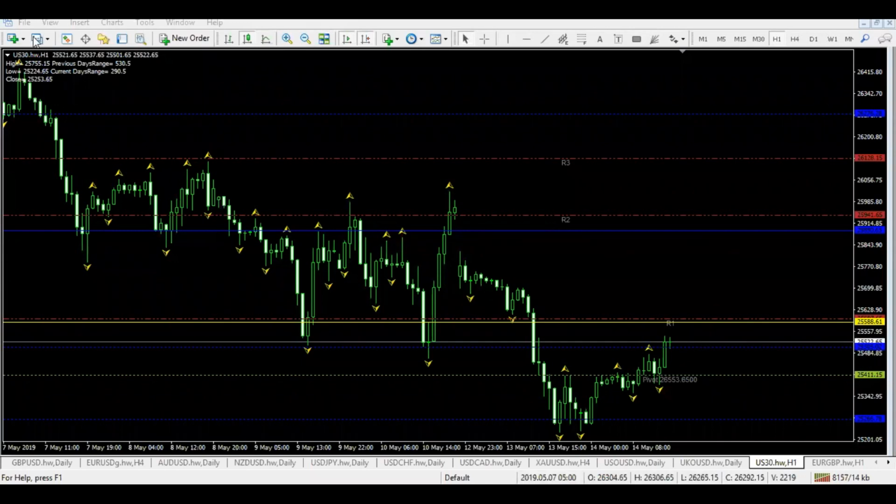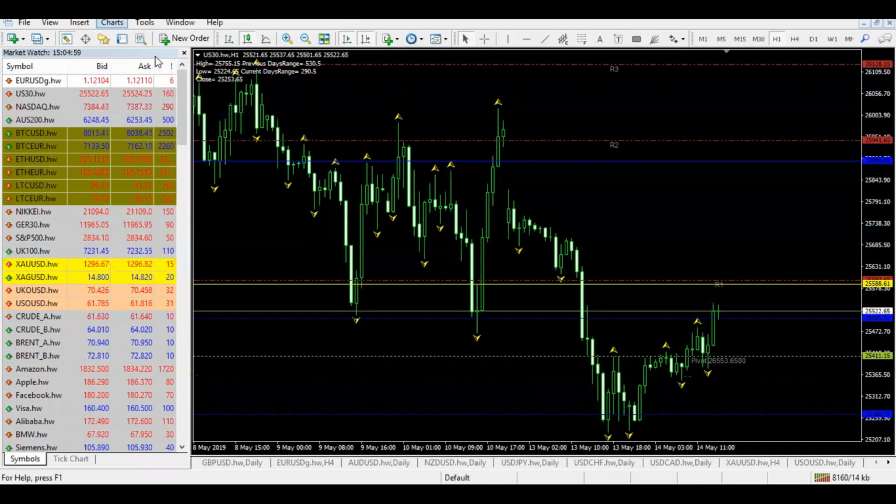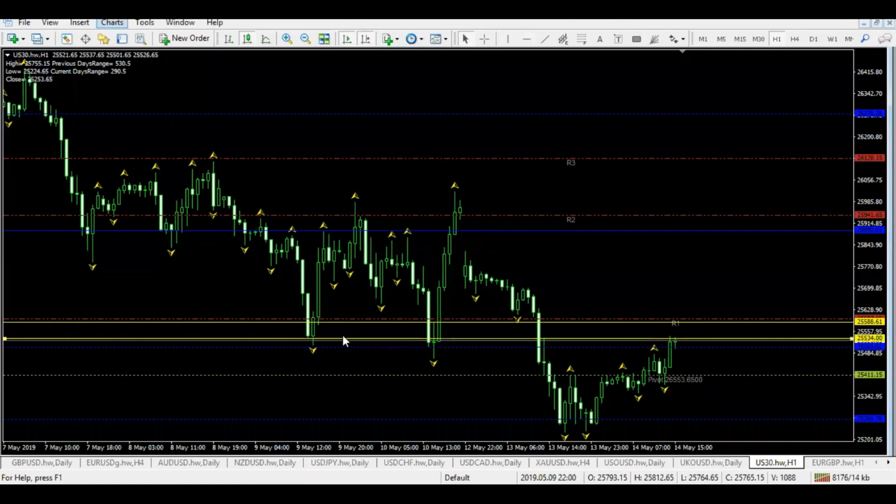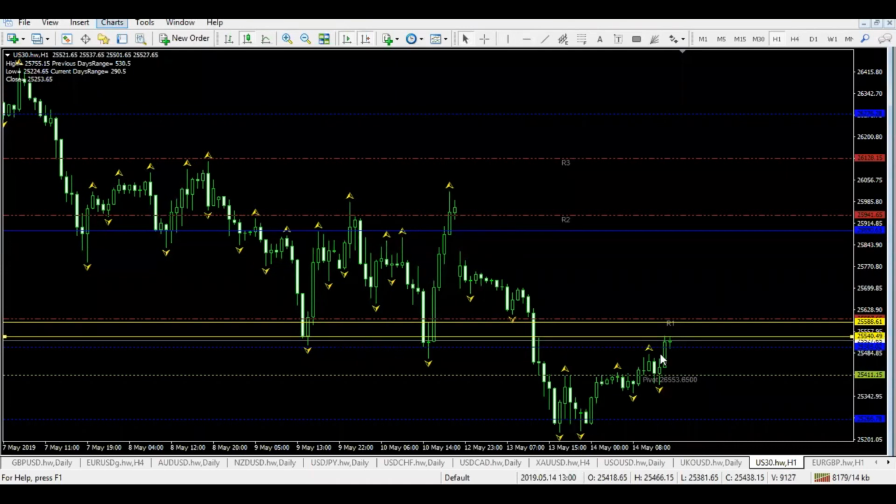In the 1-hour time frame, at the beginning of my hour, it gave me an up signal. But be aware that it has finished in this pivot.